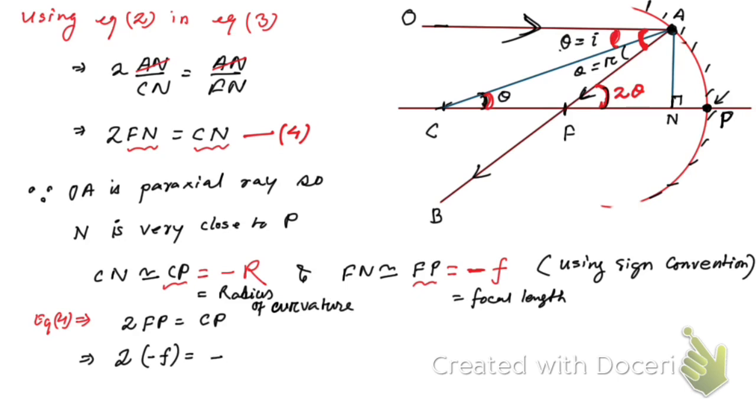So Cp can be replaced by minus r. Here we can cancel the minus from both sides. So f will be equal to r by 2. This is what we wanted to show. So this is the relation that we wanted to prove, right?